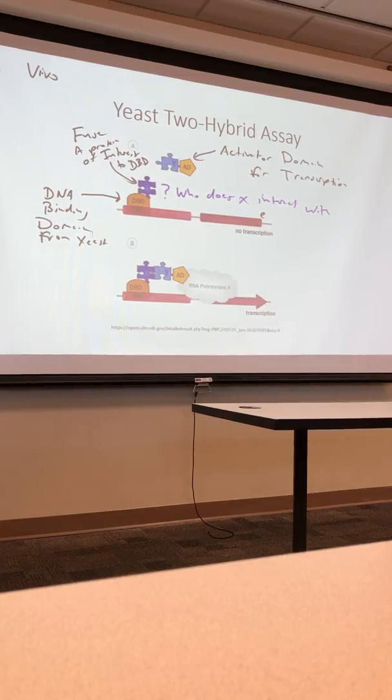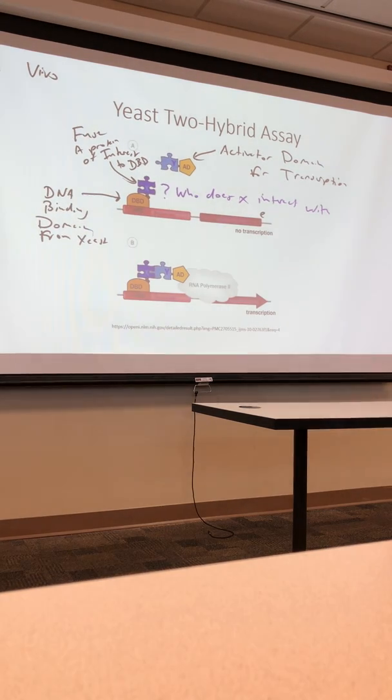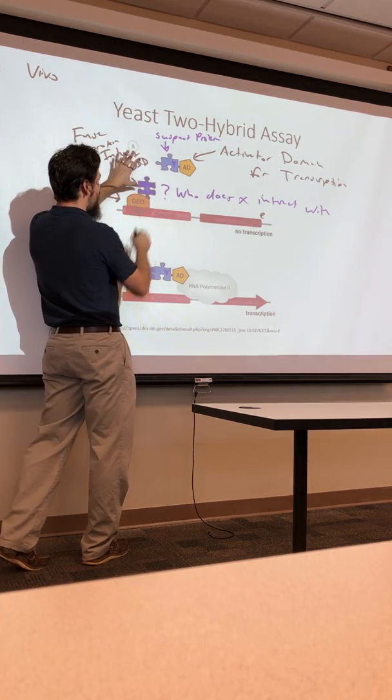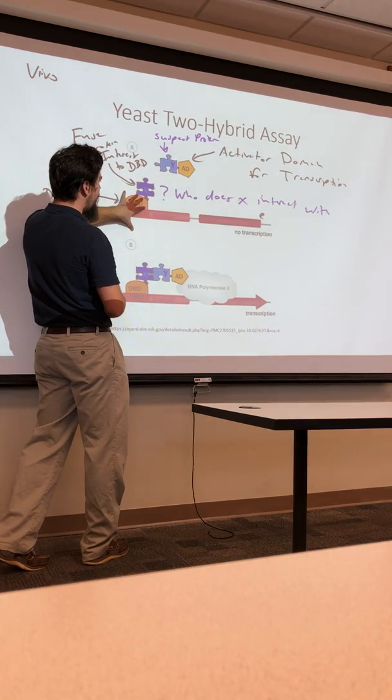We suspect this protein interacts with X. If we fuse it genetically to the gene for the activator domain, these will be expressed in the cell. The DNA binding domain will bind here.